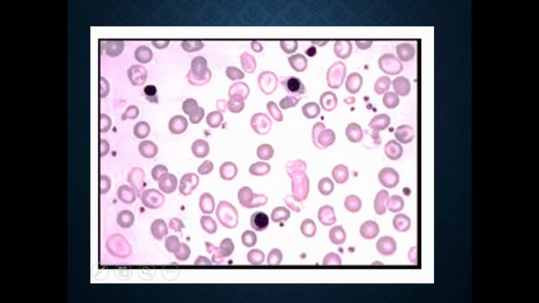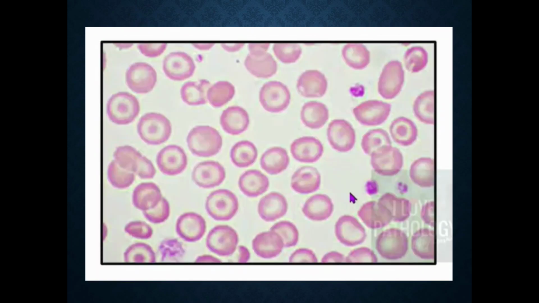And here you can see anisopoikilocytosis and also microcytic hypochromic RBCs, target cells and nucleated RBCs. And here you can see a microcytic hypochromic blood picture with abundant target cells and a few nucleated RBCs.